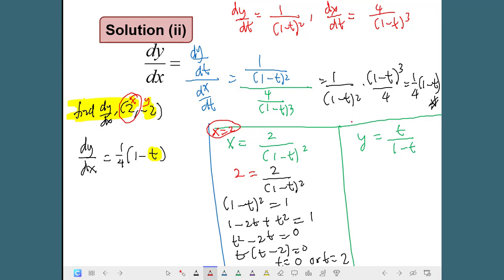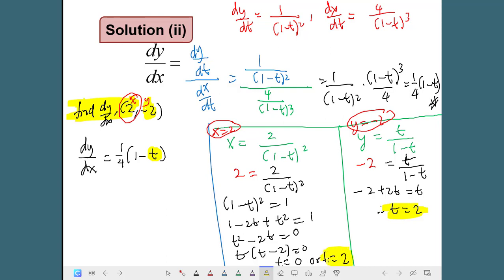So what happens when y is equal to negative 2? Substitute negative 2 equals t over (1 minus t). Bring up: negative 2 plus 2t is equal to t, and therefore t is equal to 2. And check, this is 2 and 2. Take the common value, the overlap, which means that t is equal to 2.